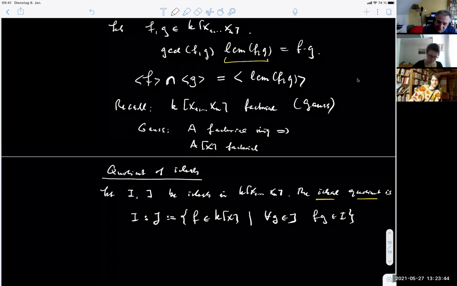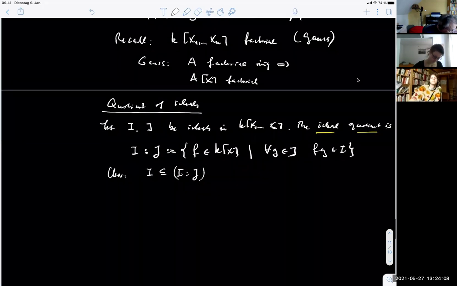It's a bit abstract. What is clear? It's easy to see this is in fact an ideal. You check it. It's an ideal and it contains I. So when you divide, you get something larger. By definition, it's clear.